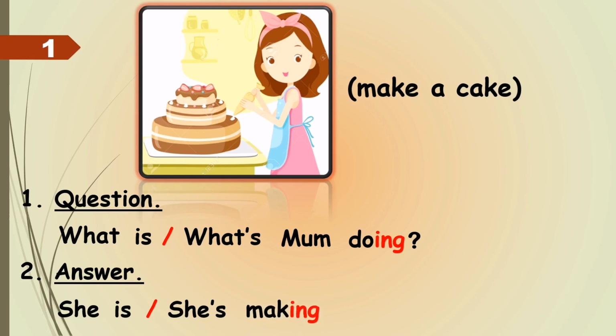And the object, a cake. And don't forget the full stop. She is or she's making a cake. Question, what is or what's mom doing? Answer, she is or she's making a cake.